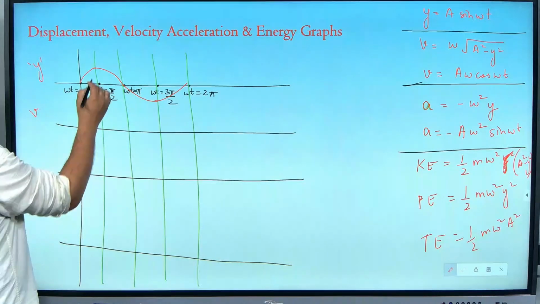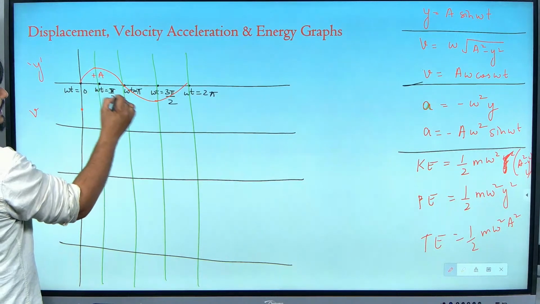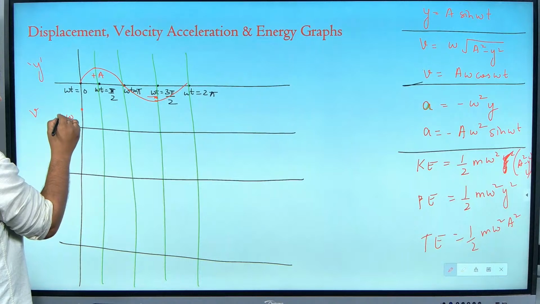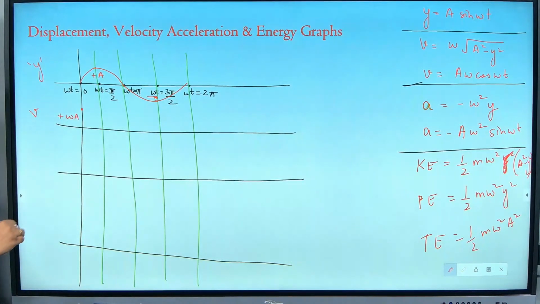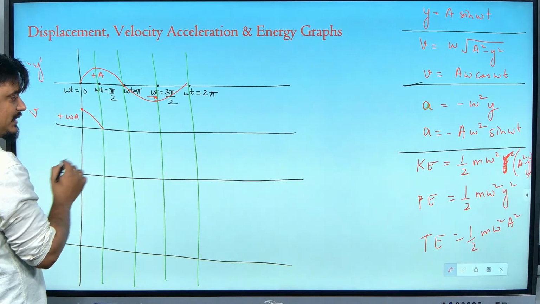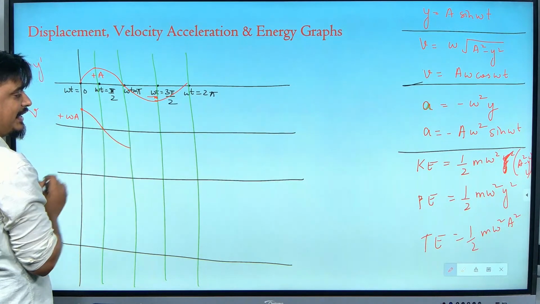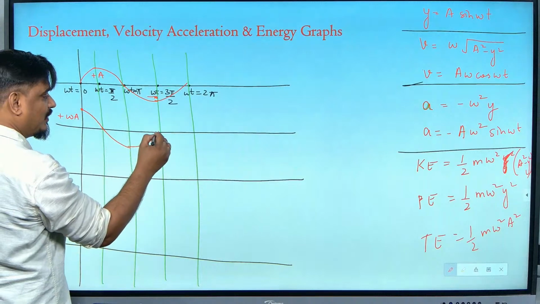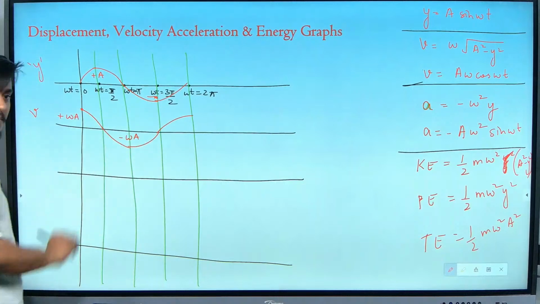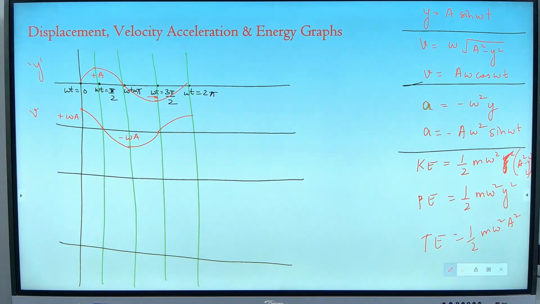Like here the point is plus a, and here it was minus a. Same way here I will write plus omega a, not a. Then 0, then minus omega a, then 0, then plus omega a. Are you understanding? This is the graph of velocity.